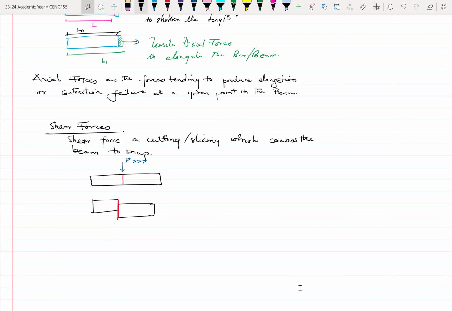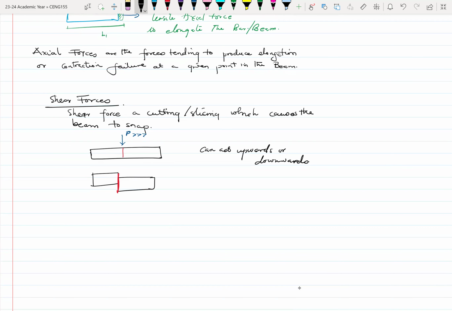So the shear force can act upwards or downwards. Okay, so let's take notes. What this means is that I can have my shearing behavior either in this form or in this form, depending on what the load direction might be. So this is more or less a downward behavior, and this is an upward behavior.